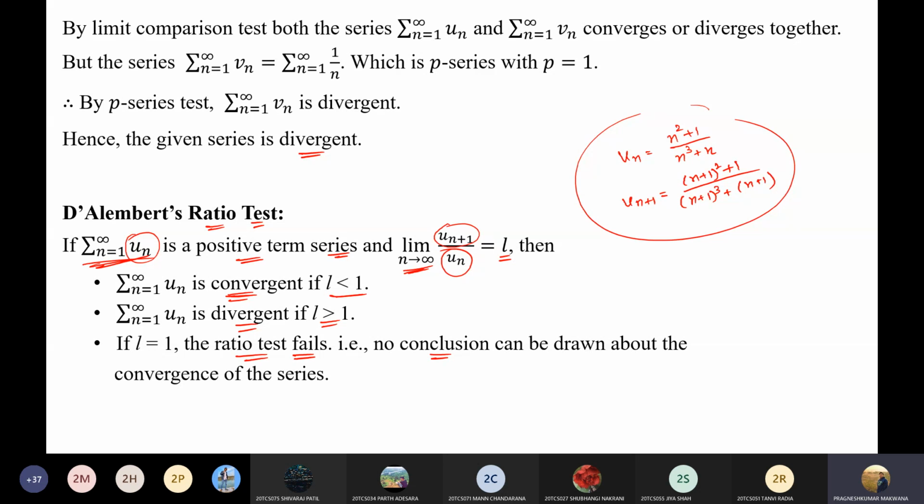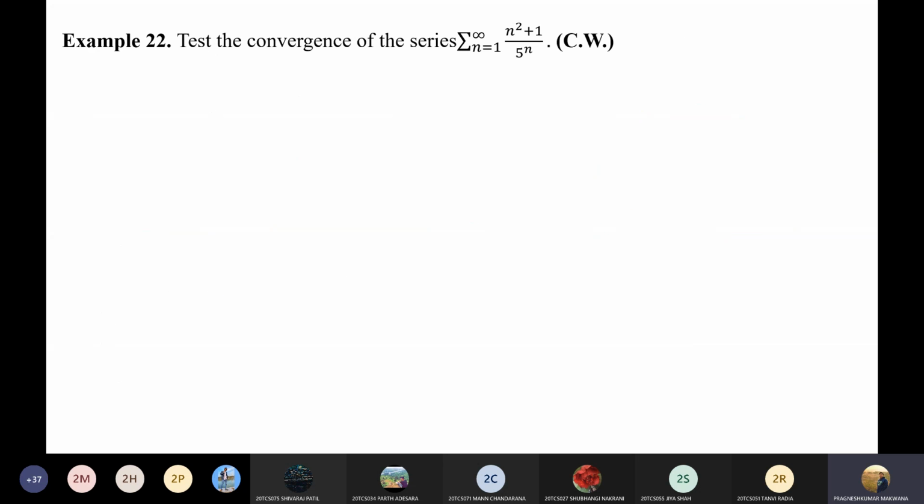So let us see the first example here. Test the convergence of the series n square plus 1 upon 5 raised to n. So what is Un? Compare with this one.